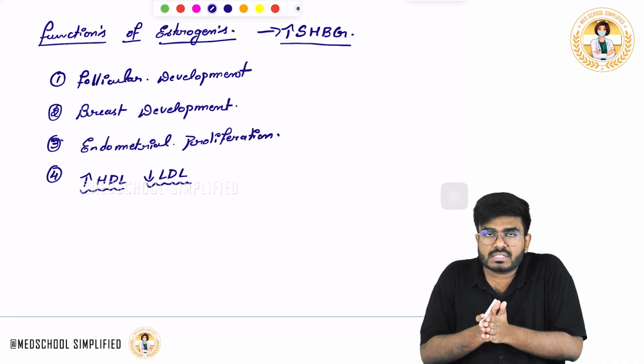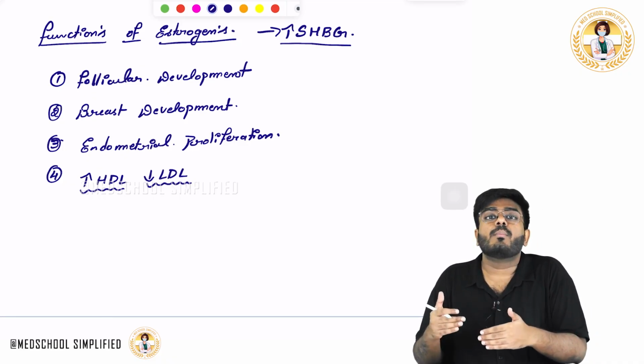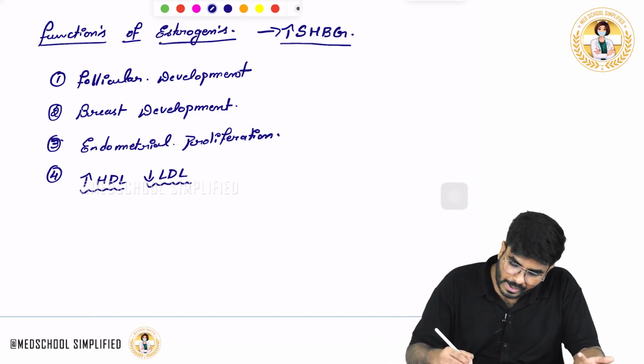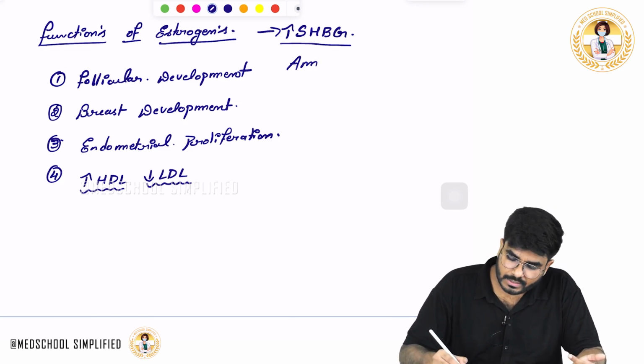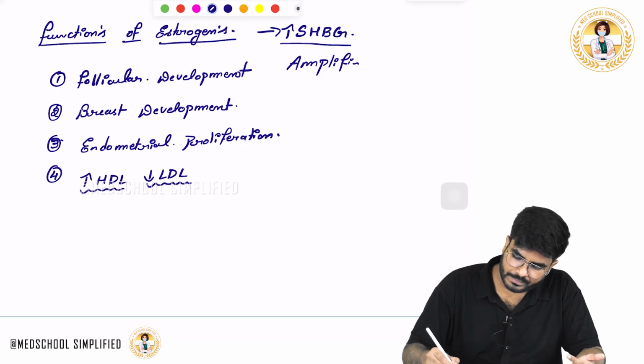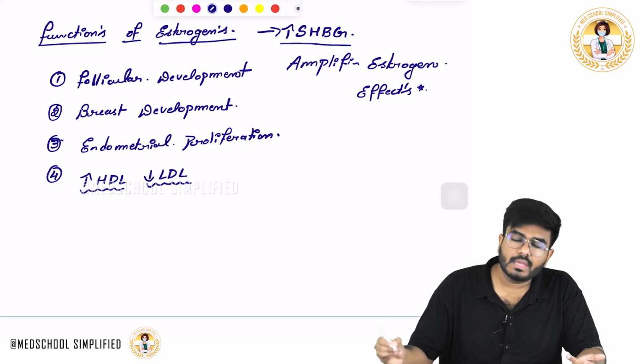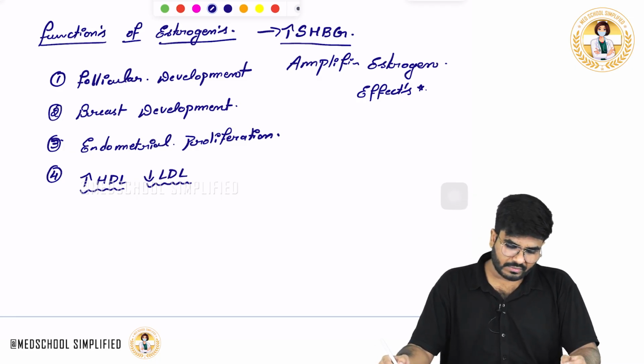So, estrogens are going to be available more. More estrogens are going to be there. So an increase in SHBG is going to amplify the estrogen effects. That is the one thing which I want you to know.